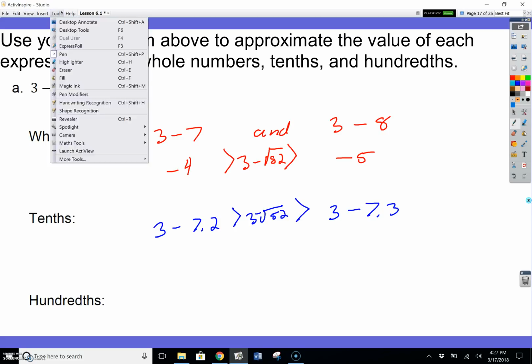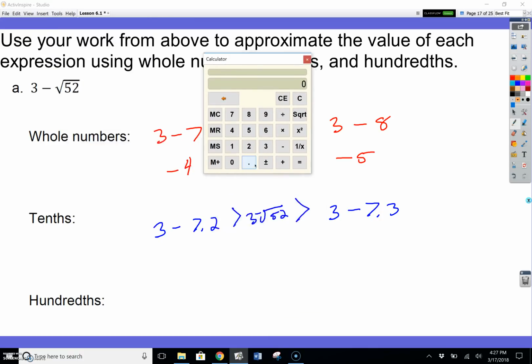So if I brought up my calculator, 3 minus 7.2 is going to be -4.2. And I'm also going to have 3 minus 7.3, and that will be -4.3. So I know 3 minus radical 52 is greater than -4.3, but less than -4.2.